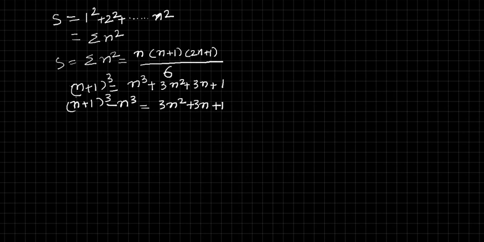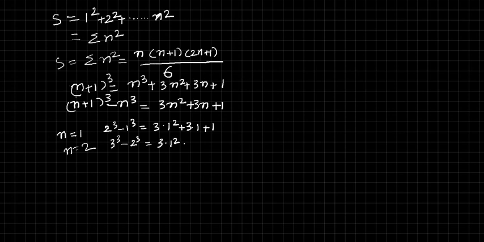So let's substitute the numbers. n is equal to 1. So this equation becomes 2 cube minus 1 cube is equal to 3 into 1 square plus 3 into 1 plus 1. n equal to 2 case, this is 3 cube minus 2 cube is equal to 3 into 2 square plus 3 into 2 plus 1.